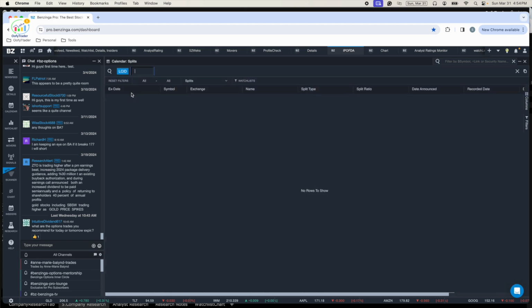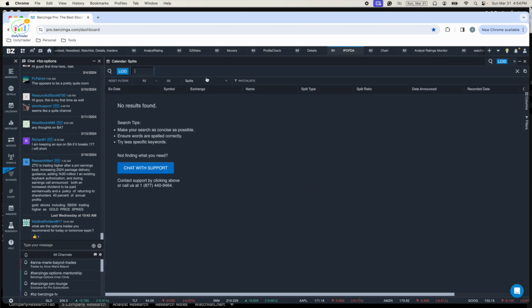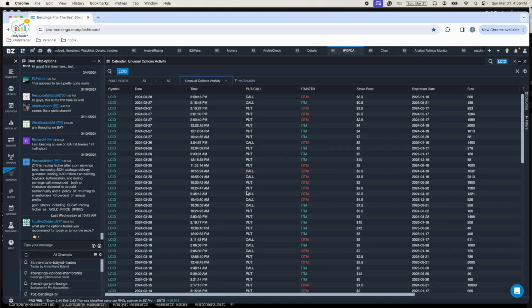There is a search option, which I use. I check whether they did a reverse split, and I also look at unusual options activity. Is there anything interesting, either short call, put call, or spread, or whatever? This I also look for.